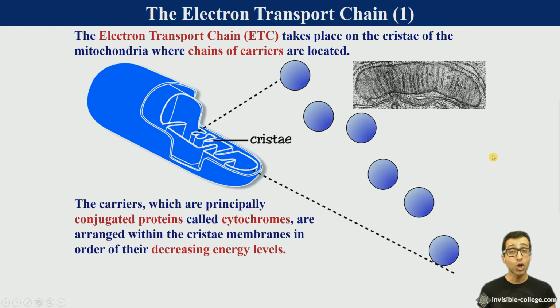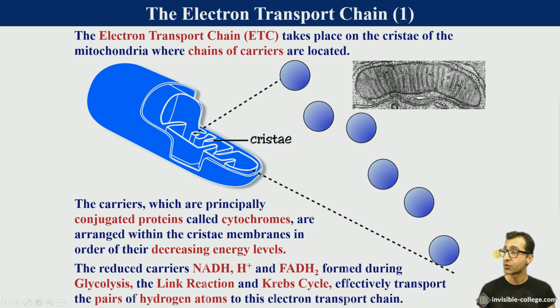Now, the carriers are conjugated proteins called cytochromes, and many of them are cytochromes, and these are arranged within the cristae membranes, in order of decreasing redox potentials or decreasing energy levels for the electrons.